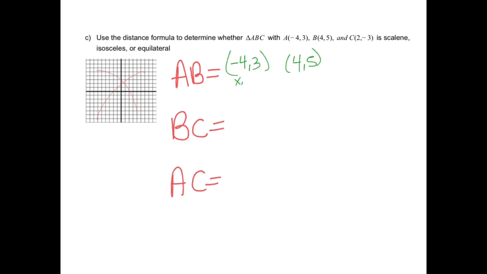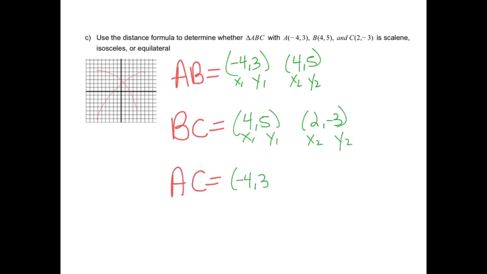So that would be x1, y1, and x2, y2. For BC, it would be the points (4, 5) and (2, -3). Again, x1, y1, and x2, y2. And then AC would be (-4, 3) and (2, -3). x1, y1, and x2, y2.